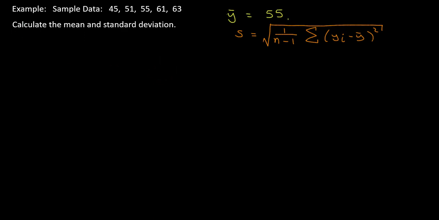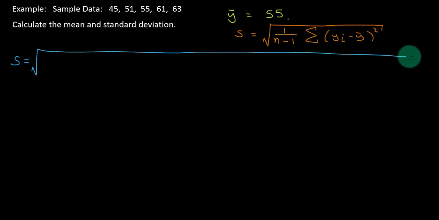Let's go and start computing. I'm going to need a bunch of space here, so I'm going to make a big old square root sign. Might be too much. What is n here? Can we identify n, the sample size? n is 5, right? So this will be 1 over 5 minus 1.